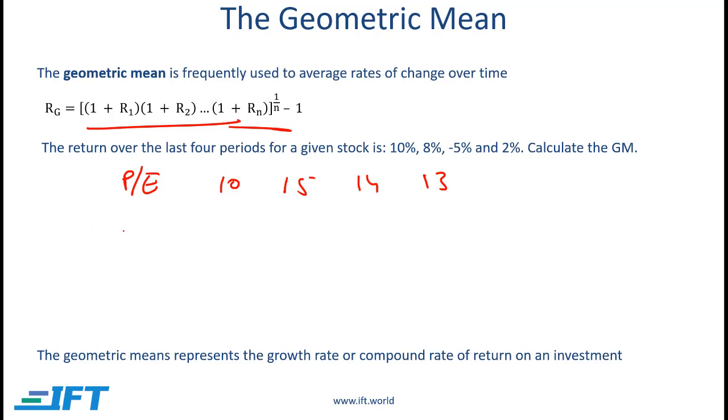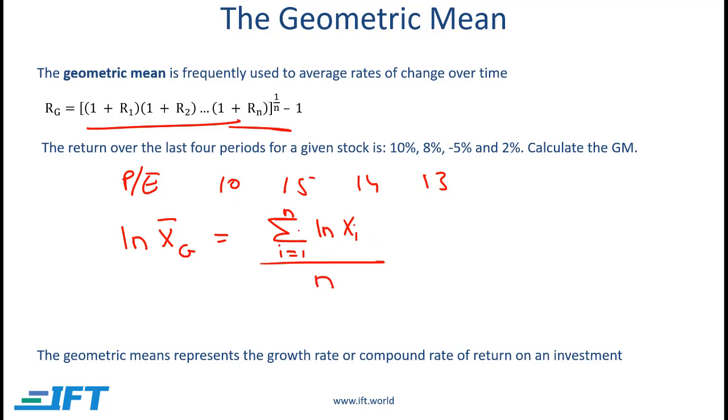The way you do this is you take the natural log, so the natural log of the geometric mean is equal to the sum of the natural logs of all these numbers, i equal to 1 through n. Here n is 4, divided by n.